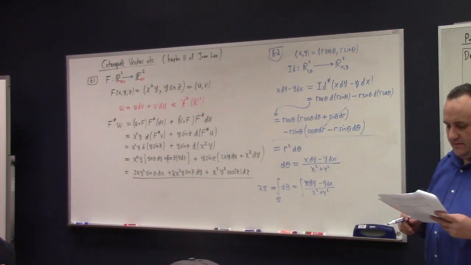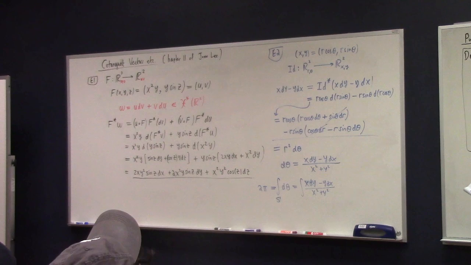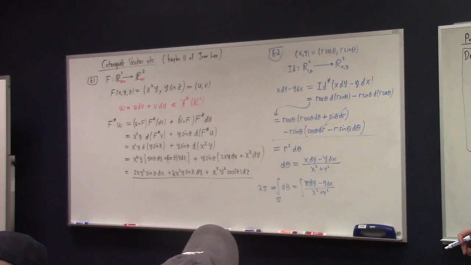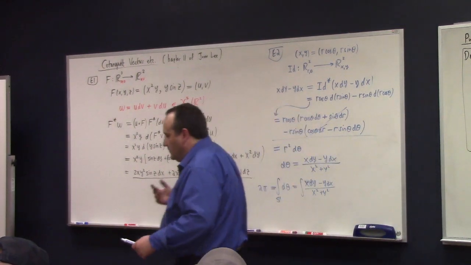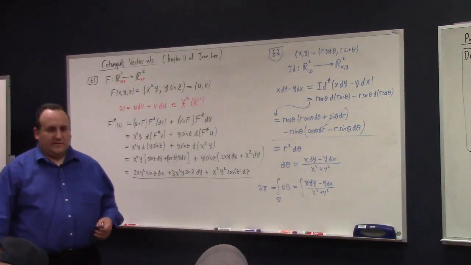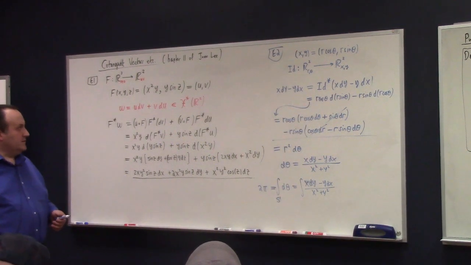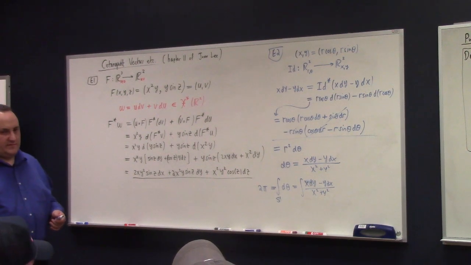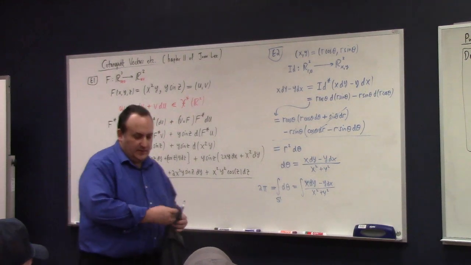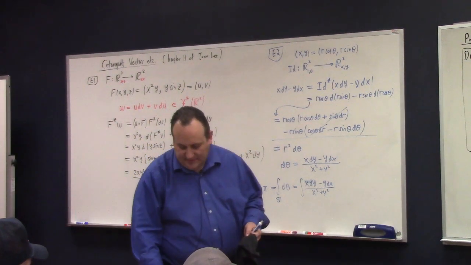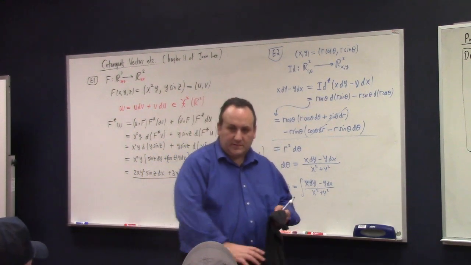So next up, he talks about restricting covector fields to submanifolds. All right? And there the story is even simpler than for vector fields. If we have a vector field on a manifold, we could ask whether it is a tangent vector field to a submanifold.